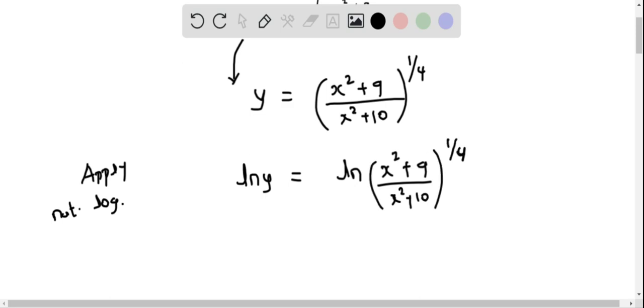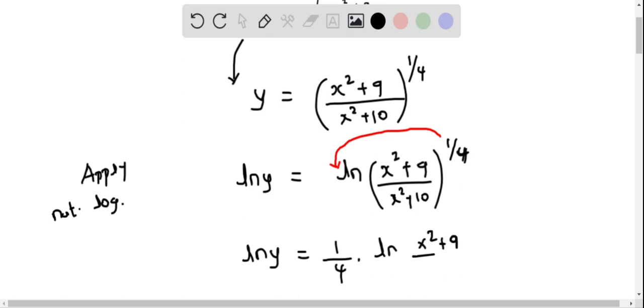Now I'm going to apply the power rule of natural logarithm, and when I do that, I can put this power in front. So I write natural logarithm of y equals 1/4 times the natural logarithm of (x squared plus 9) over (x squared plus 10).